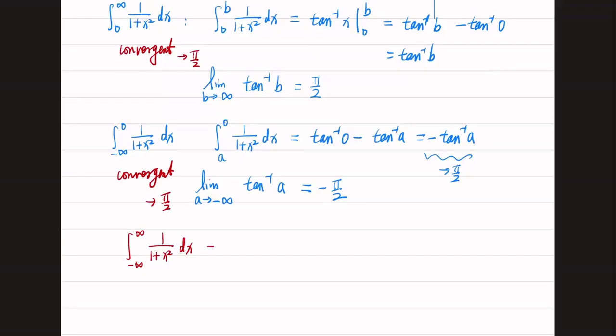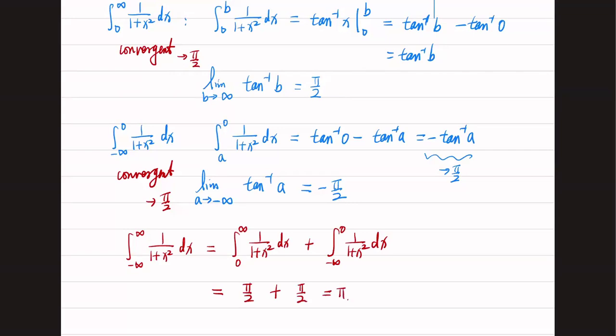Then by the definition, the two being convergent, this one is convergent to the summation. First part we checked, pi over 2. Second part we also checked, another pi over 2. The result is pi.